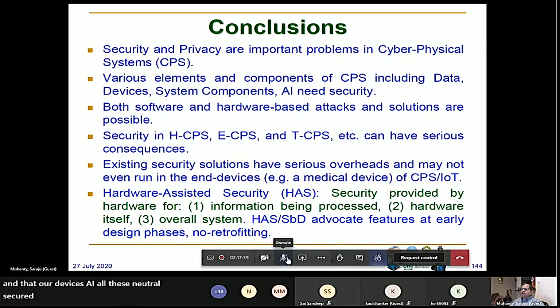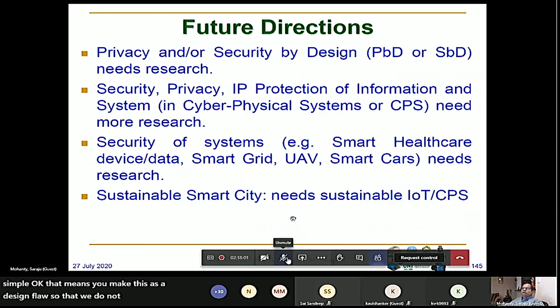We can have software and hardware-based solutions. Hardware has its own set of advantages, low overhead primarily, and it goes well with the design flow. And what is security by design? The key factor is simple: no retrofitting, please. That means you make this part of the design flow so that we do not retrofit. And a lot of this is just a beginning.